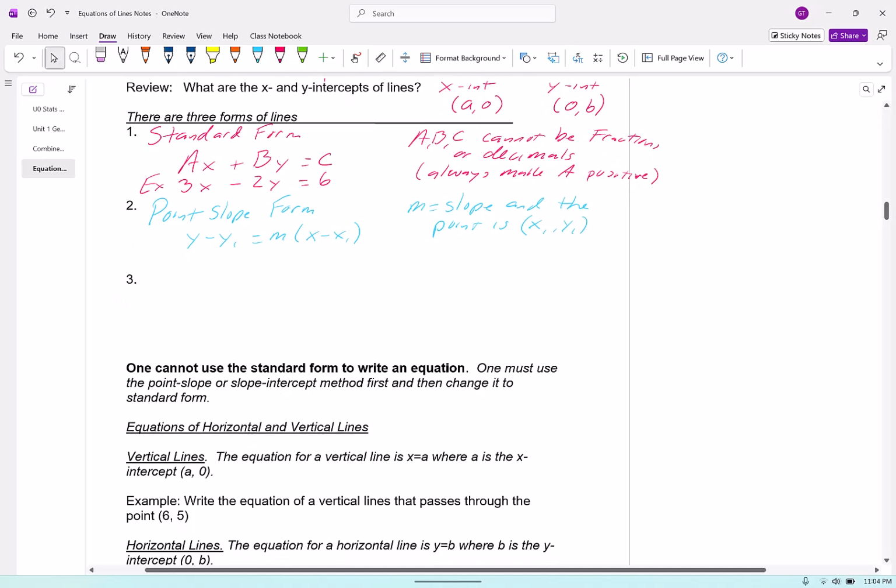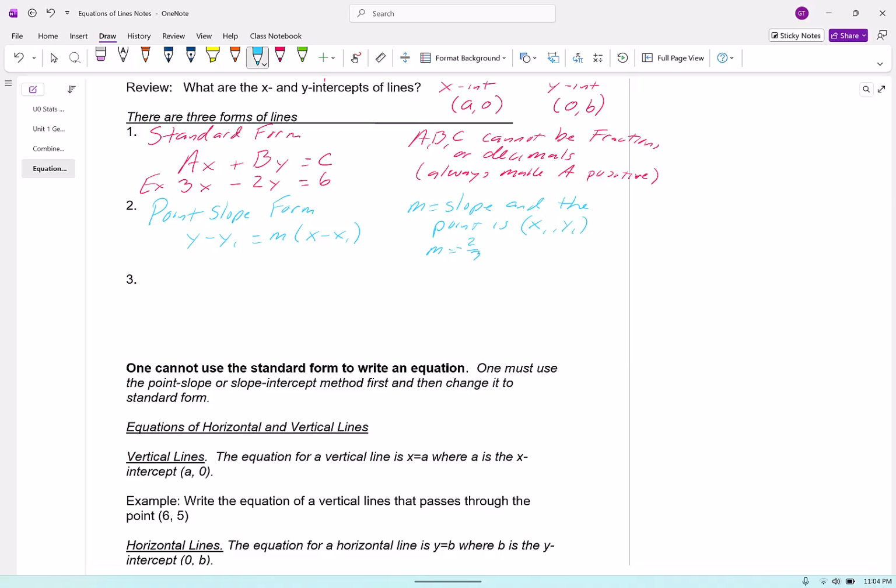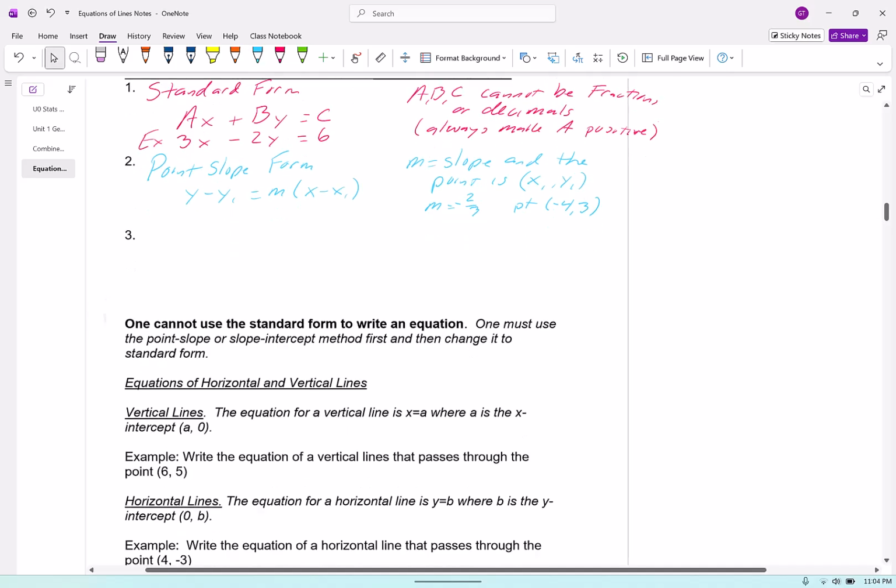So let's say we had a slope that was equal to 2/3. We'll say negative 2/3. And we got a point that has the coordinates (-4, 3). All right, so I got a point, I got a slope. How would I put this in there?